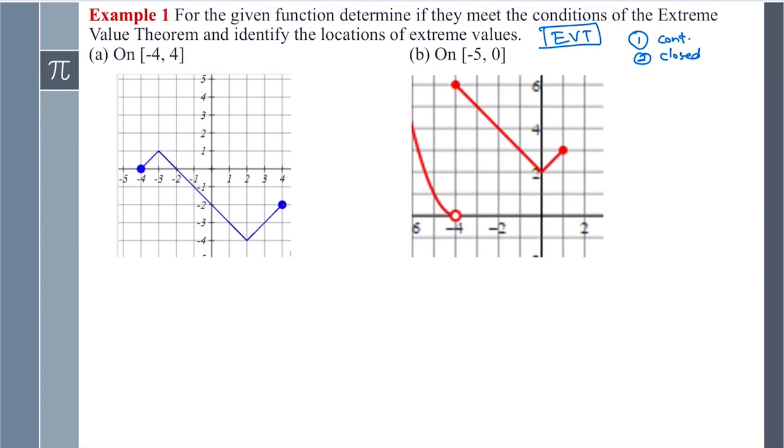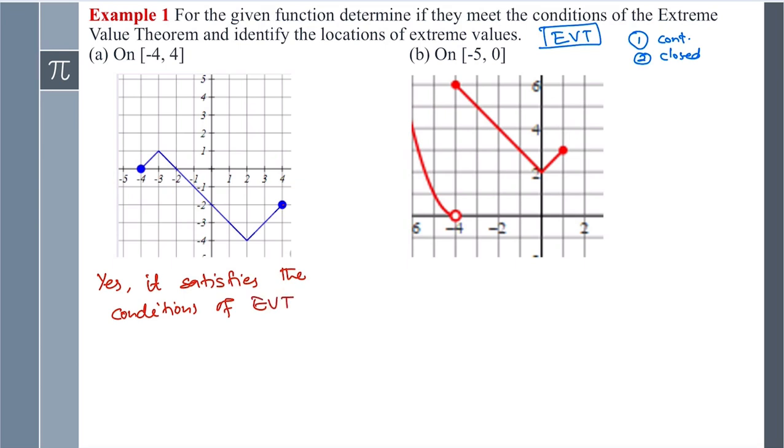So that means yes, it satisfies the conditions of the extreme value theorem.